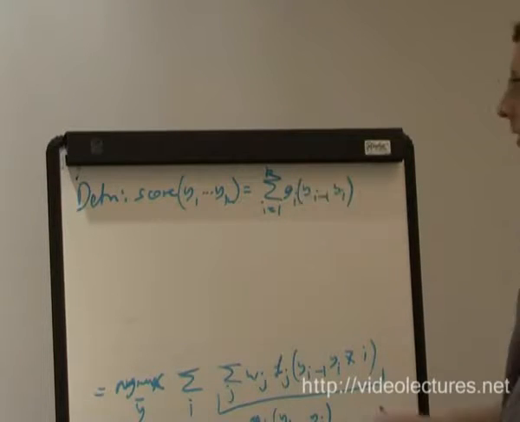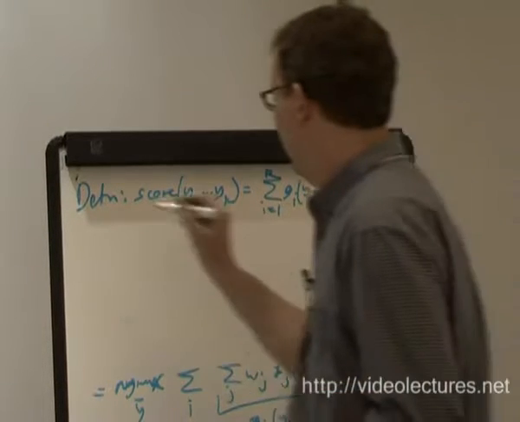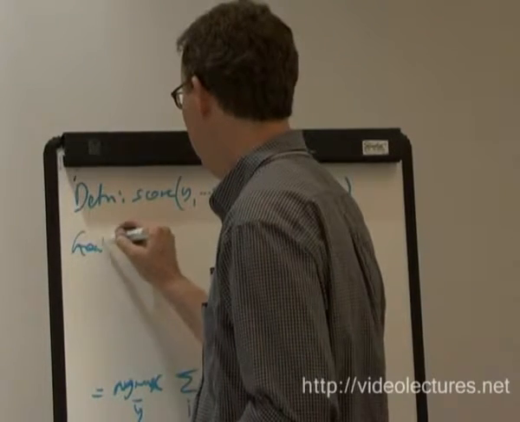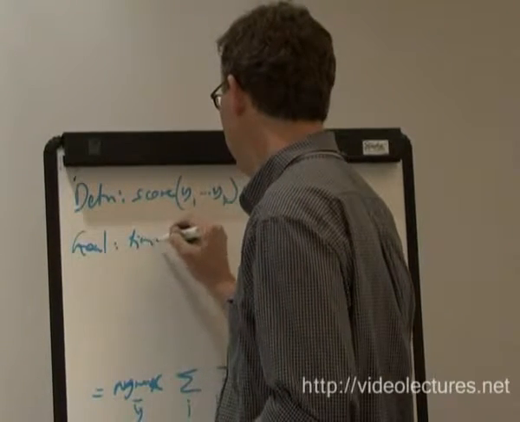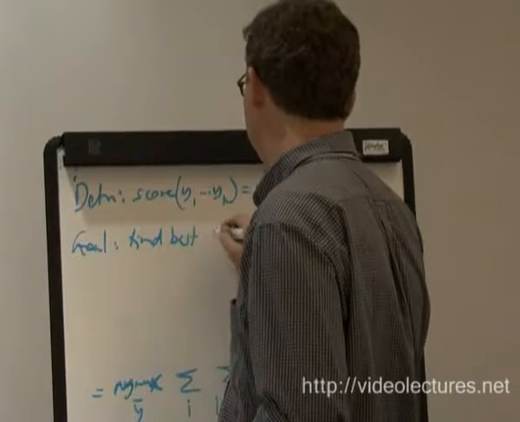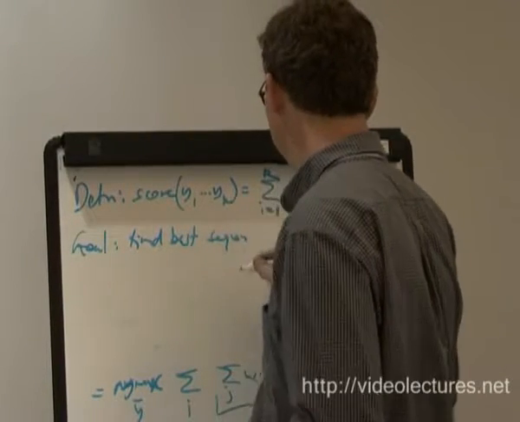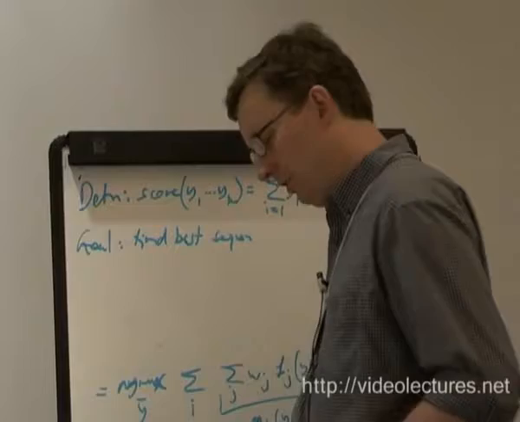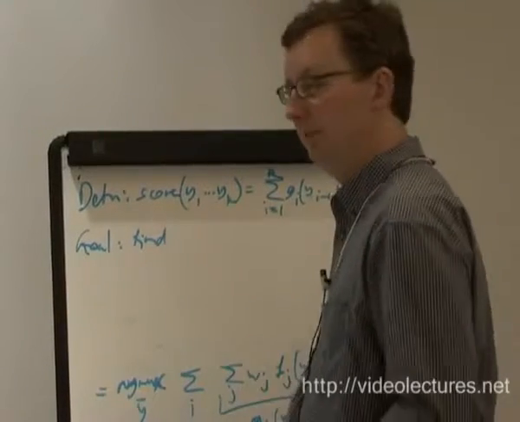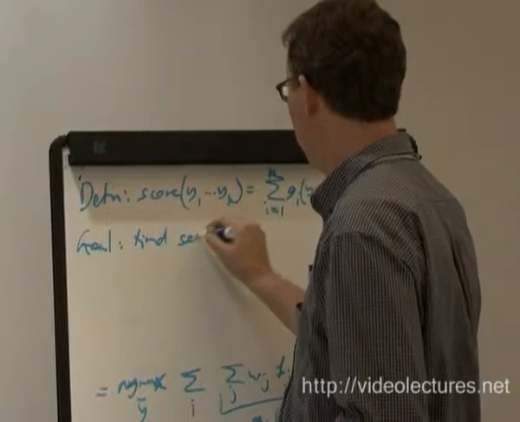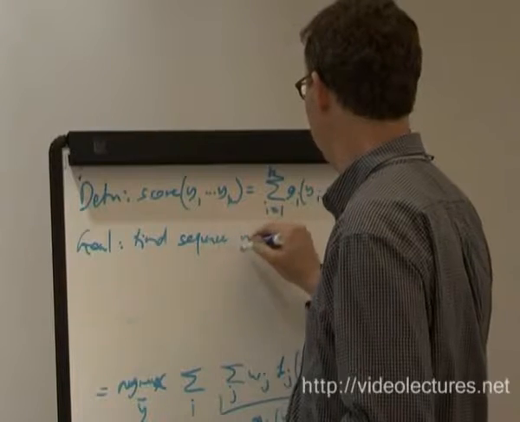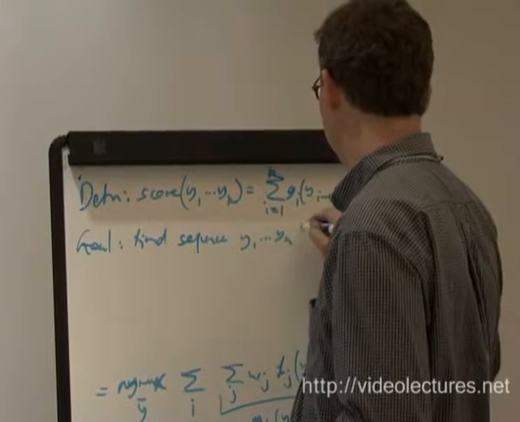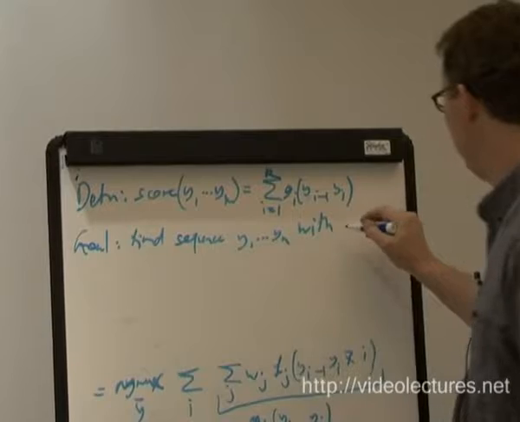And then my goal is to find the best sequence of tags. So find the tag sequence with the best score, the sequence y1 through yn with max score.